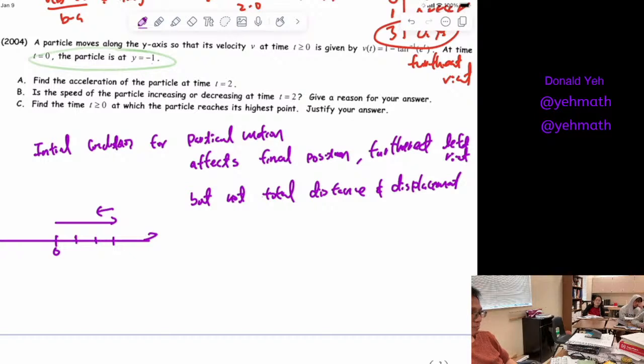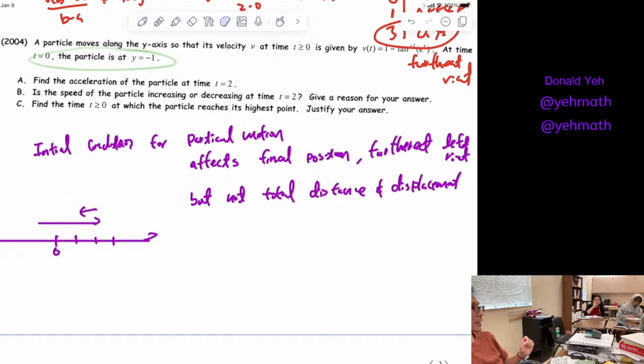But for the final position, the initial condition can affect this. What if I start at different positions though? What if I start this at -1? So my final position is what? 1.